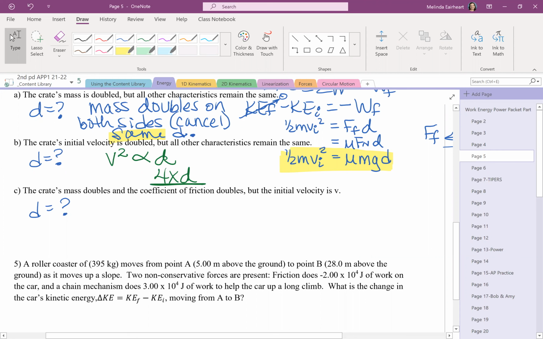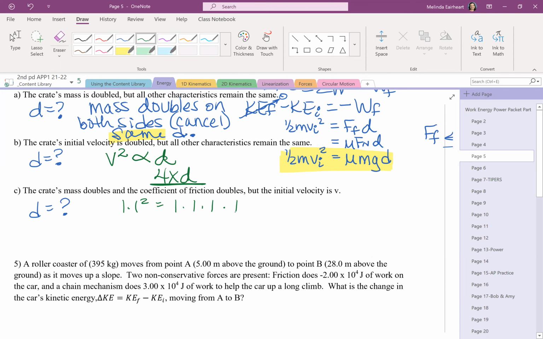And so initially, and I'm going to leave off the 1/2. There's no changes to the 1/2, right? And so we can say, 1 times 1 squared equals 1 times 1 times 1 times 1 mu mgd. I just don't want the 1/2 because 1/2 doesn't equal 1. I'd have to play other games, right?